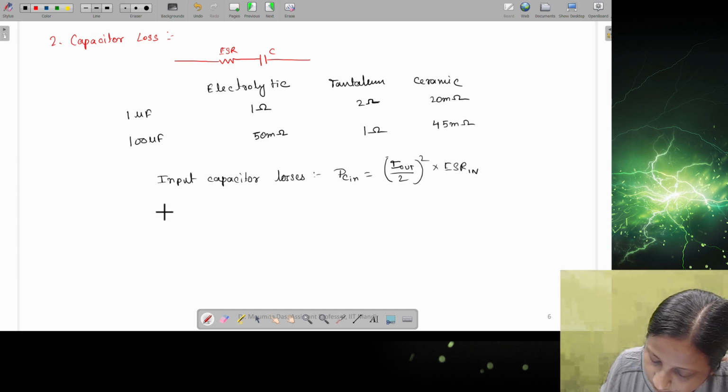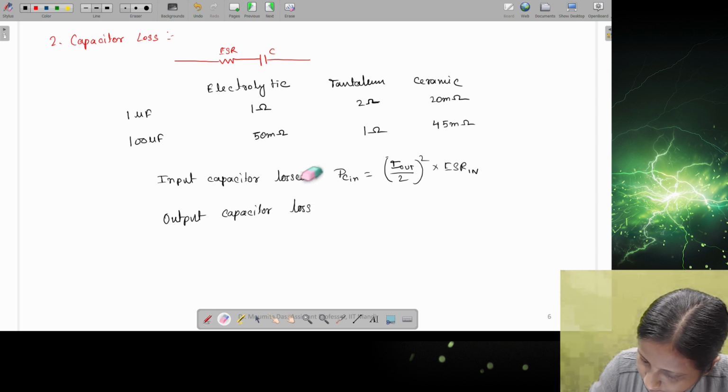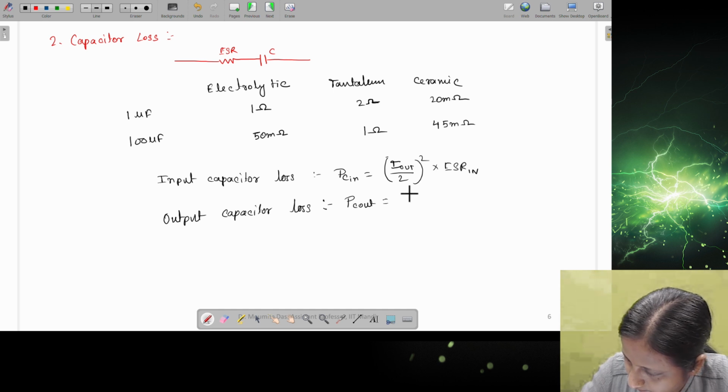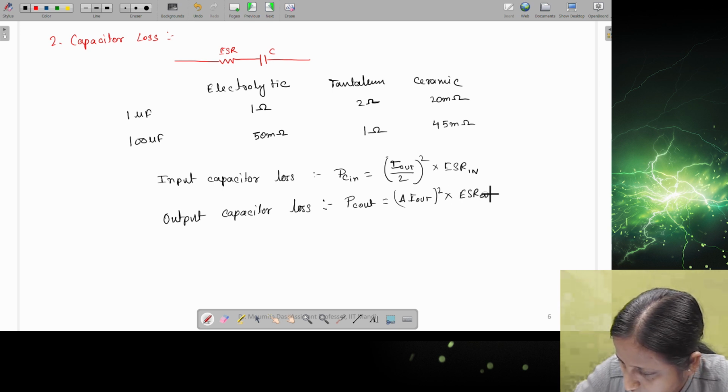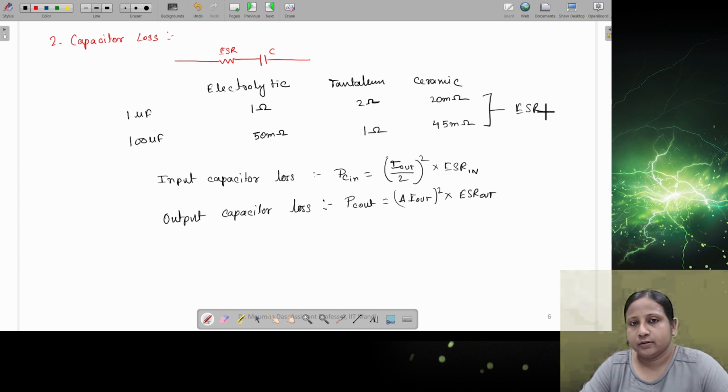Now if we have to find out the output capacitor loss, then PC out equals delta I out square multiplied by ESR out. These different resistances are known as ESR. Accordingly, we can calculate the losses in the capacitor.